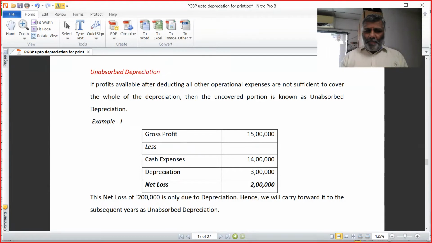For example, if the gross profit is 15 lakhs, other expenses are 14 lakhs and depreciation leaves a net loss of 2 lakhs, though in accountancy we call it net loss, in income tax law it is known as unabsorbed depreciation because the loss is due to depreciation.